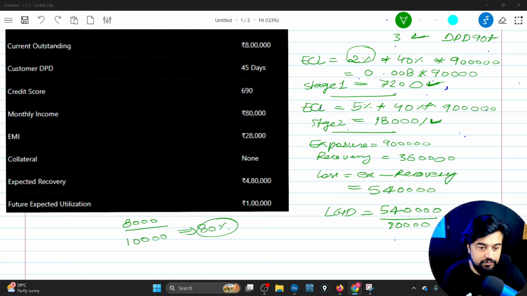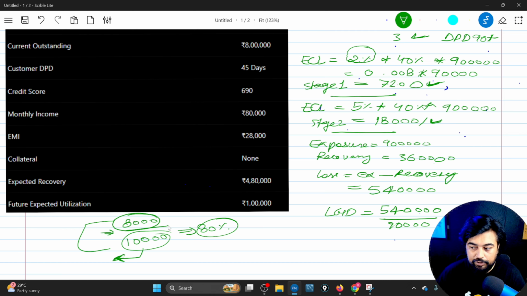The PD for this will be calculated on the basis of what? There was a total assumption of 8,000 customers non-recoverable out of 10,000 who were defaulted, and this is all a trend on the basis of history. This is not the total customer base, okay? This is the defaulted customer base, like the stage 3 customer base. So that's why we are calculating the value as 8,000 out of 10,000, and the PD value is coming to 80%.